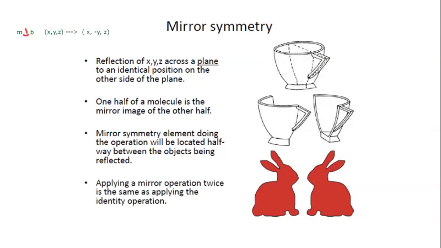Now, if we apply a mirror operation twice, we would come back to where we started. So we look at our top example. If we take those symmetry related positions and do another mirror plane perpendicular to B, you notice that we come back to the original set of coordinates. So if you do a mirror plane twice, you're going to end up back where you started.